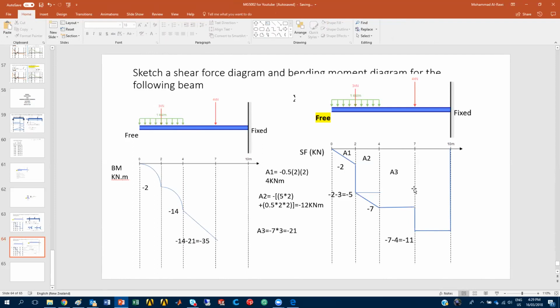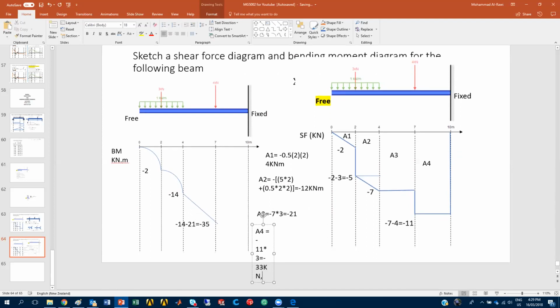All right, so this is where the minus 35 is. Now let's try to find area 4. Please, if something is wrong, just try to stop me so I can correct it, because I have too many things around me. How can we determine area 4? It is very straightforward. Area 4 is equal to minus 11 times the distance 3, which will give us minus 33 kilonewtons meters.